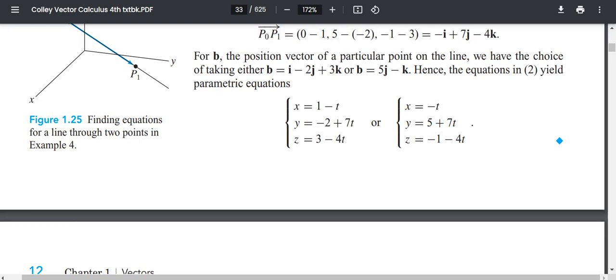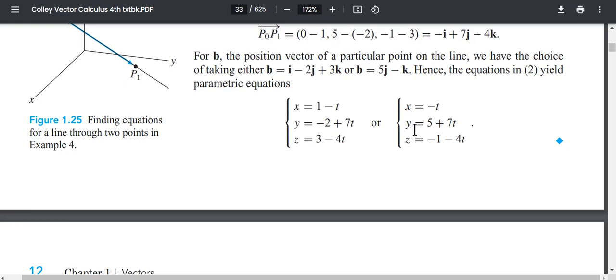So we can test this out by solving for t in each one of these, and we'll generate a symmetric form.